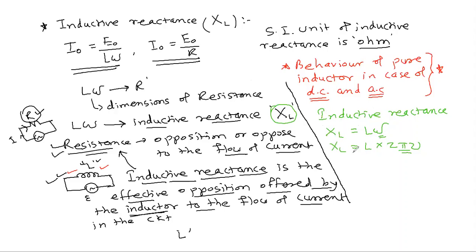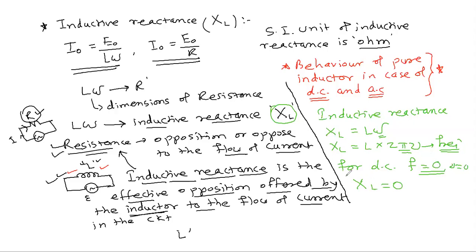So X L is equal to L into 2 pi nu. Now see, this nu is called the frequency. Now for DC, there is no frequency, that is F is equal to 0, that means nu is equal to 0. If nu is equal to 0, then X L is equal to 0.